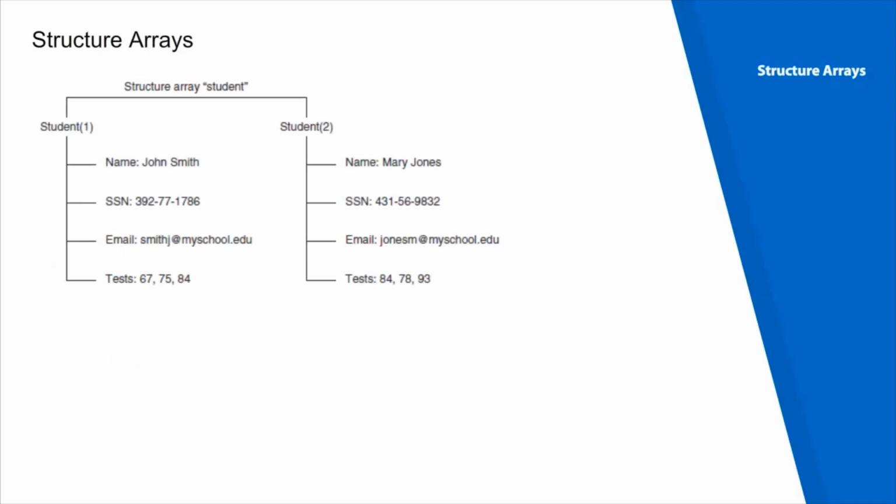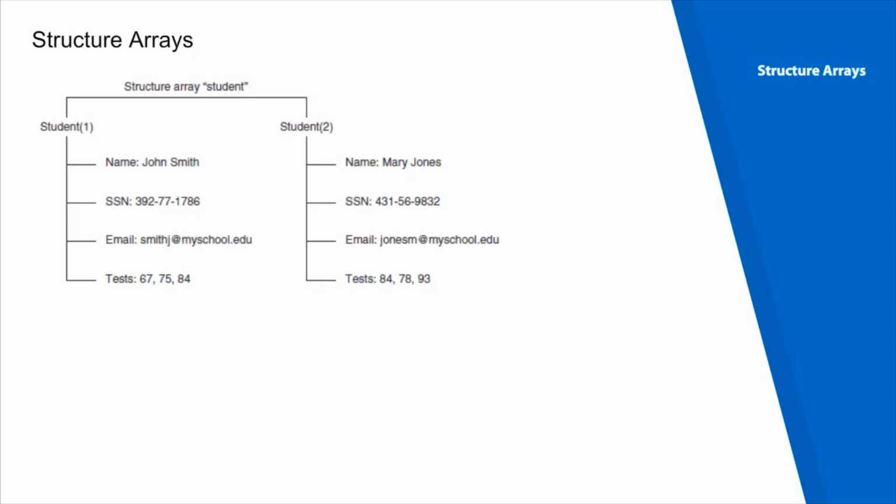Now let's talk about structure arrays in MATLAB. Structure arrays are composed of structures. This class of arrays enables us to store dissimilar arrays together. The elements in structures are accessed using field names. This feature distinguishes them from cell arrays, which are accessed using standard array indexing.